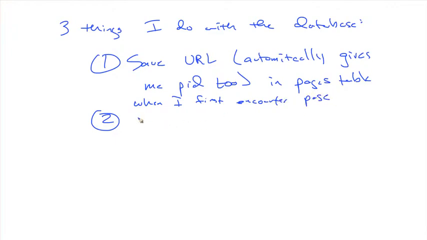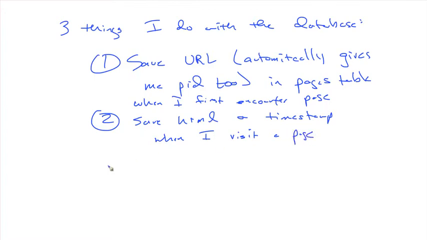The other thing I do is I save the HTML content and timestamp. So that's when I visit a page. The third thing I do is I save the link information. So that's updating the links table.